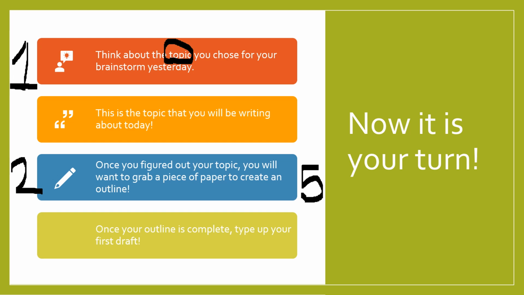Once you have your outline complete, you're going to type up your first draft. So below you'll see a part where you can write your first draft and tell us about your big moment that you wanted to share with the rest of the class. You guys are going to do a great job, and make sure that you come back to this video to help you remember how to organize your personal narrative writing.